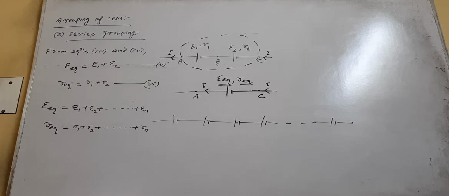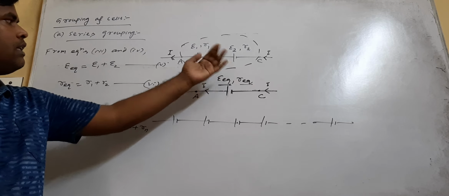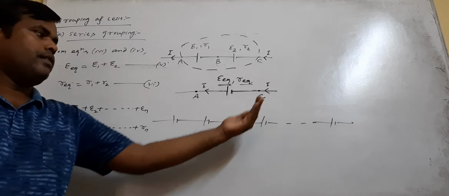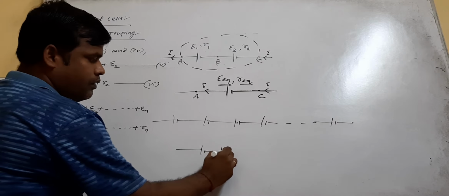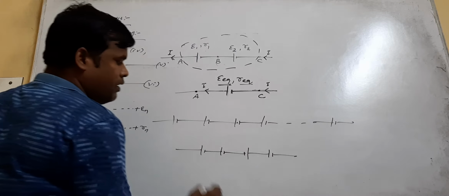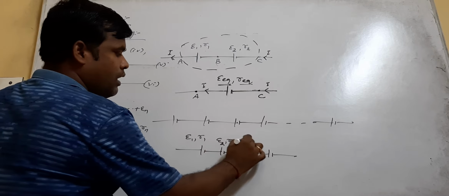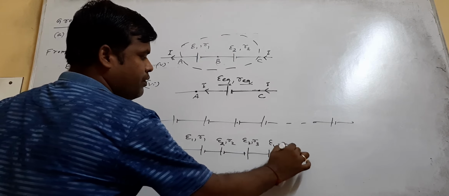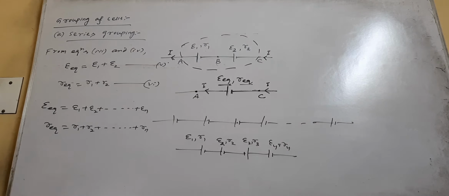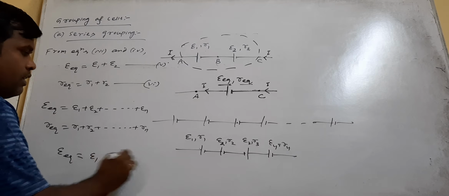Here you see we have connected all the positive terminals of the cells towards left. If I connect like this, it is E1 R1, E2 R2, E3 R3, and E4 R4. Then what is the equivalent EMF? You see, its positive terminal is towards left, that is E1.